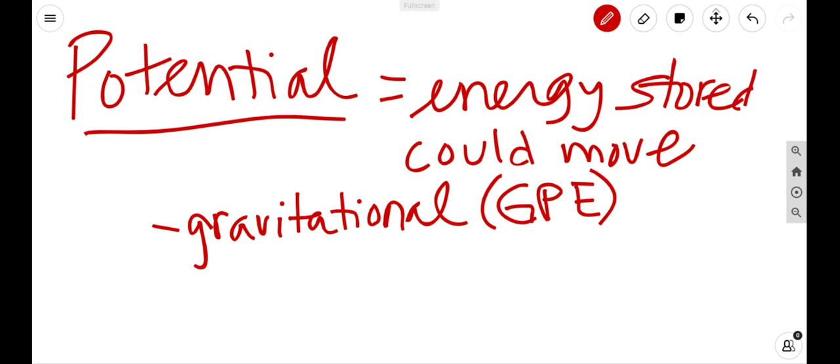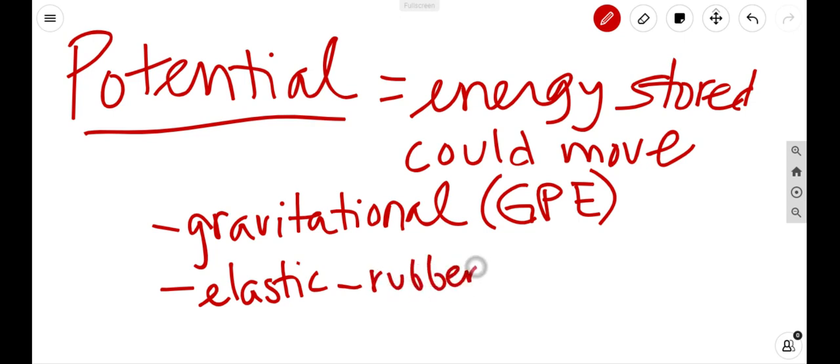Next is elastic potential energy. So whenever something is stretched, like a rubber band, like a spring, like an arrow.